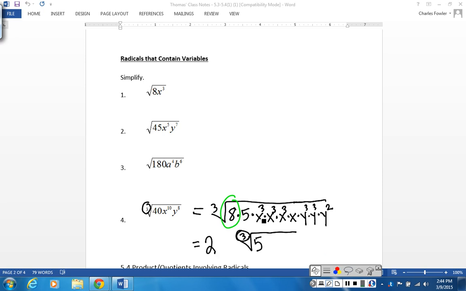Cube root of x cubed is x, cube root of x cubed is x, cube root of x cubed is another x, so x cubed goes on the outside. This x stays on the inside. Cube root of y cubed, cube root of y cubed, that's 2y, so y squared. And this y squared stays on the inside because we don't have enough y's. Alright, so your answer is 2x cubed y squared times the cube root of 5x y squared.